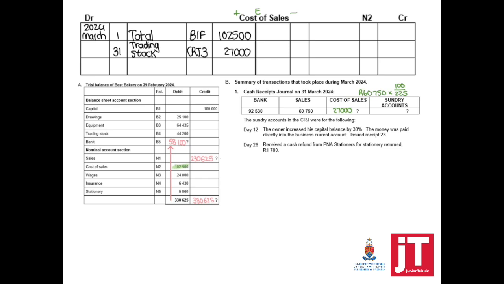Now be very careful. I cannot write bank as my details. When you see cost of sales, you should know that the contra account, their BFF, their best friend forever, is trading stock. Once you are done posting, you can draw a line and you can total.